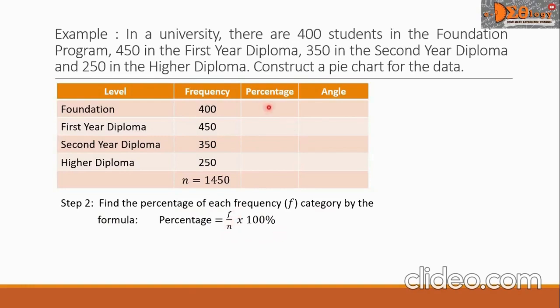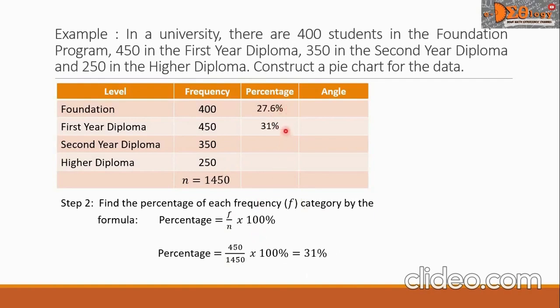Let's start with our first blank here. We're going to use the 400, the frequency of the first level, divided by the 1450, and then multiply by 100%. And the answer is 27.6%. We will copy this value on this blank.